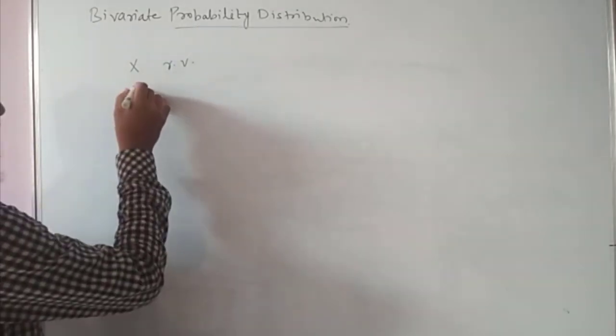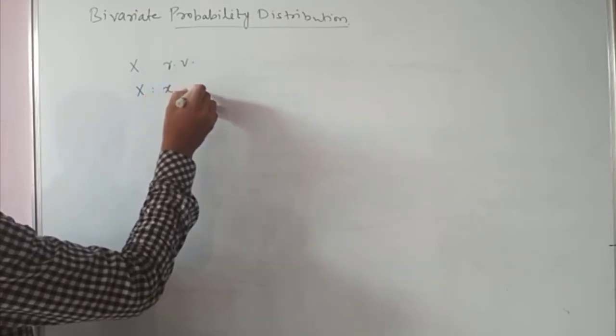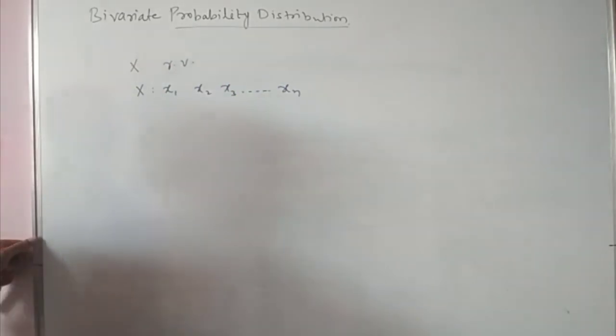Suppose the outcomes of a random experiment can be written in the form x1, x2, x3 and so on up to xn. These are the values of random variable x which it assumes for a random experiment.